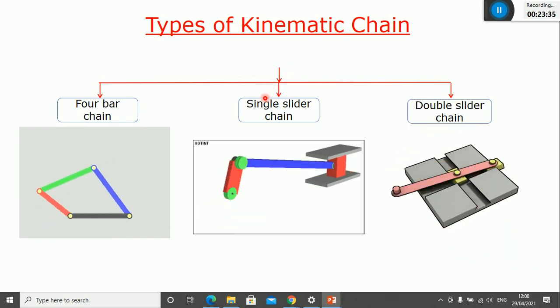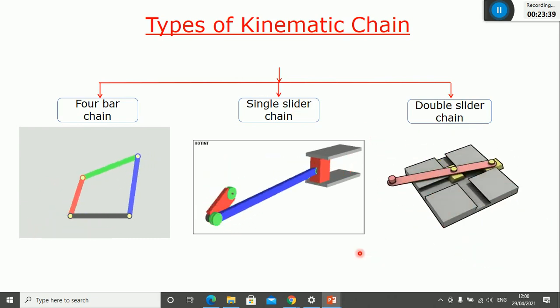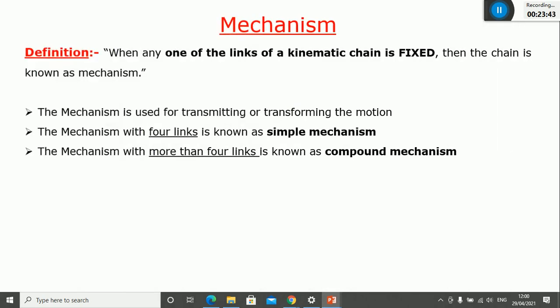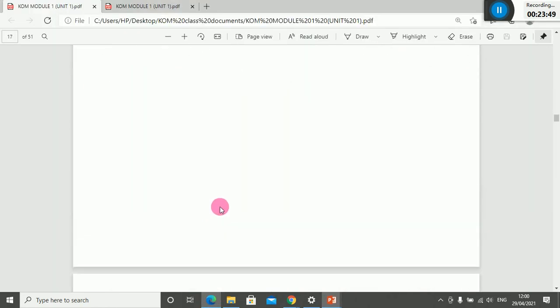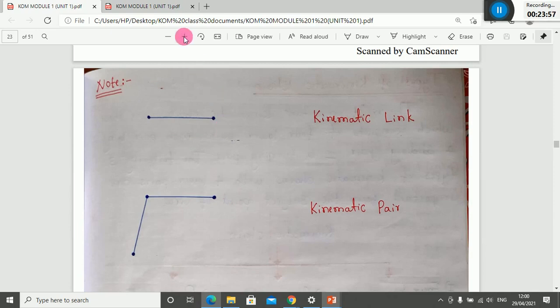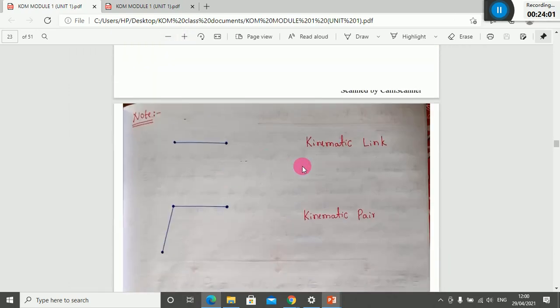So till now we completed the kinematic link, then the kinematic pair, then the kinematic chain. Then what is next? The next is a mechanism. These are the symbols of kinematic link and pair.